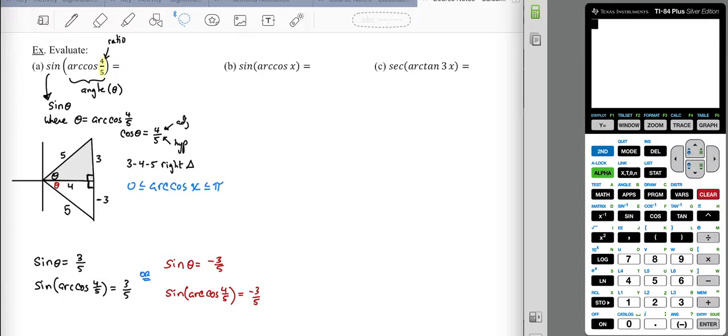So when I go to make my triangle here, here's 0, here's pi, anything in the bottom half is going to be eliminated, so none of this would hold up, and the only one that would actually work would be the 3/5.